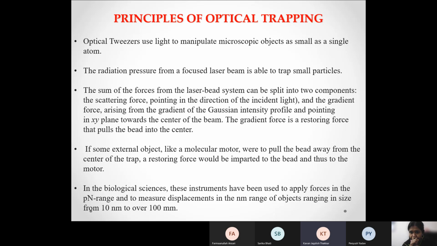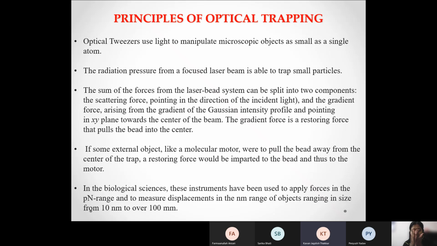Okay, so optical tweezers use light to manipulate microscopic objects as small as atoms. So this we have understood. We have already seen that it would require the use of a laser beam. Radiation pressure from a focused laser beam is able to trap small particles, and we have seen how. We have at least tried to understand that this laser beam, when focused, would have a Gaussian intensity profile.